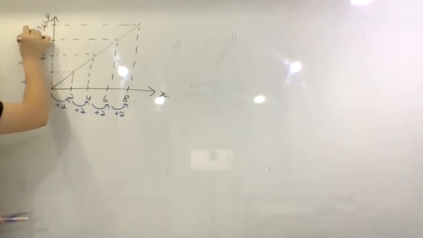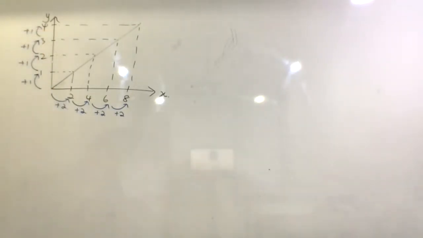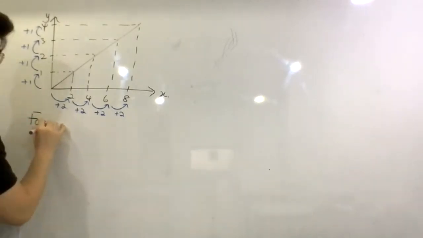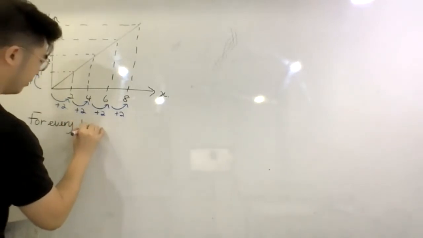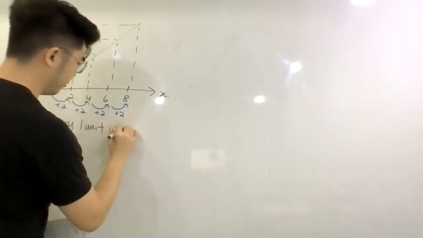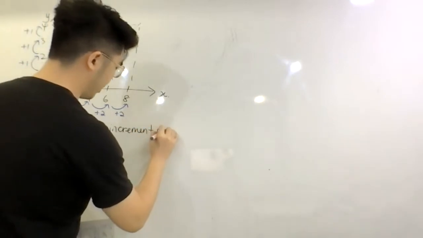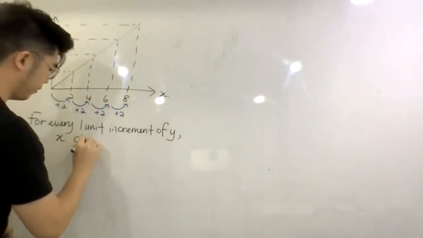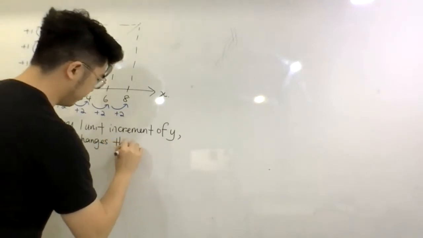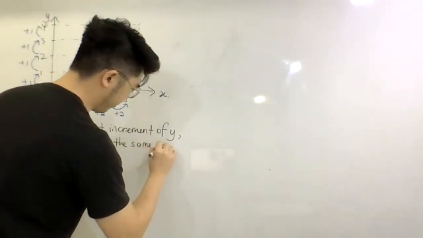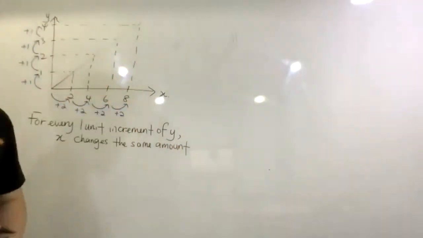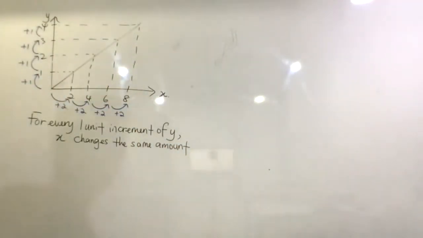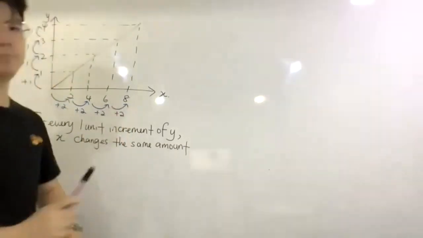So for every 1 unit increment of Y, X changes the same amount. Plus 2, plus 2, plus 2. It will not suddenly go plus 2, plus 2, plus 6, plus 8.